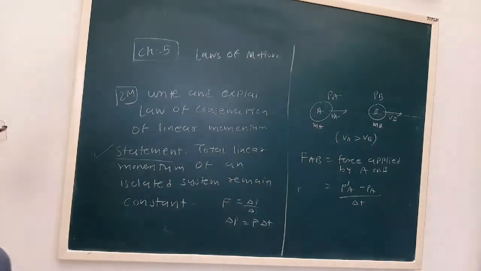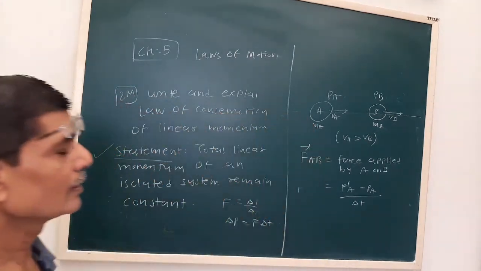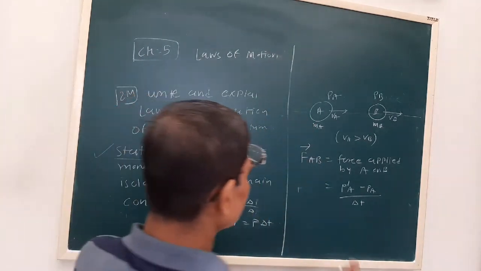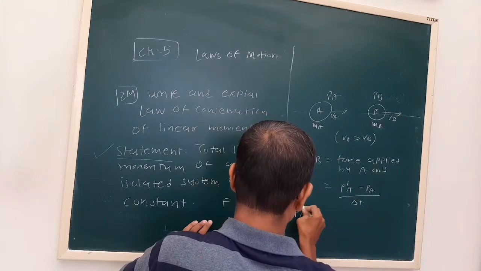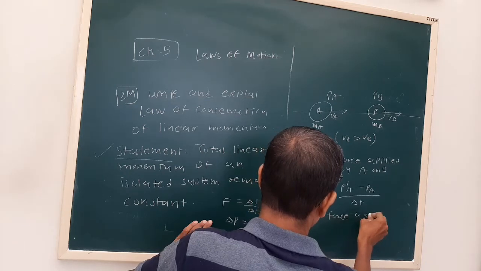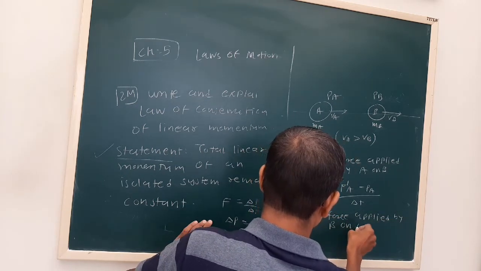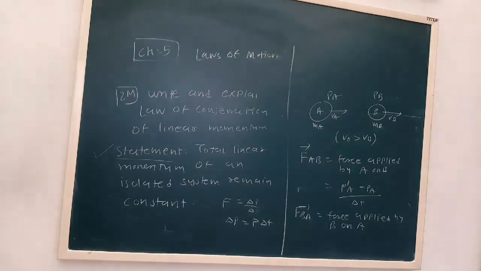Now due to this interaction, FBA will be the force applied by B on A, that will be equal to the change in momentum.